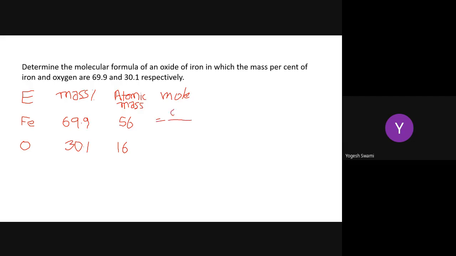The given mass is 69.9 divided by 56. And the same for oxygen, the number of moles is 30.1 divided by 16.